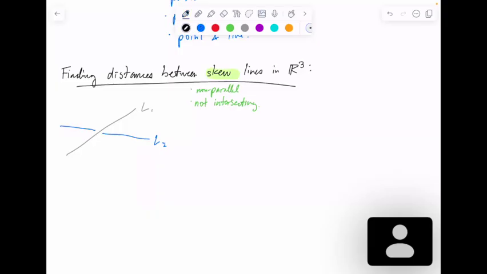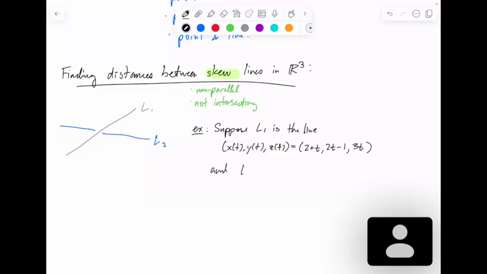So let's do a concrete example here. Suppose L1 is the line given to you by x(t), y(t), z(t) equal to 2 plus t, 2t minus 1, and 3t.